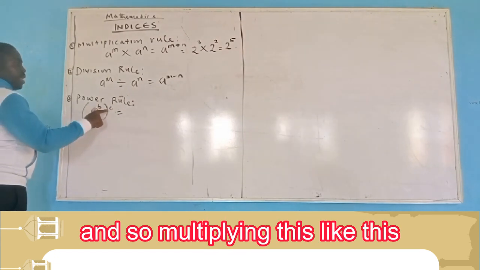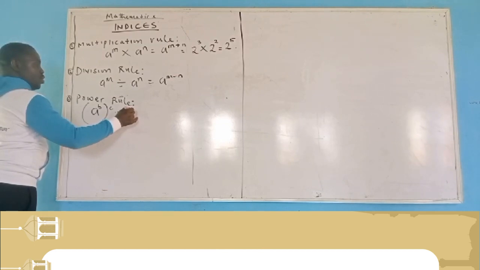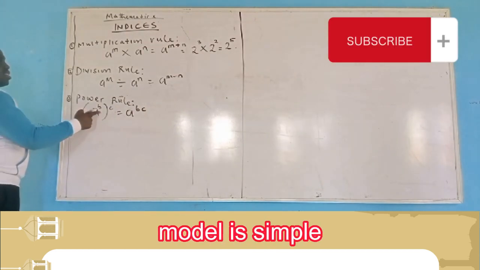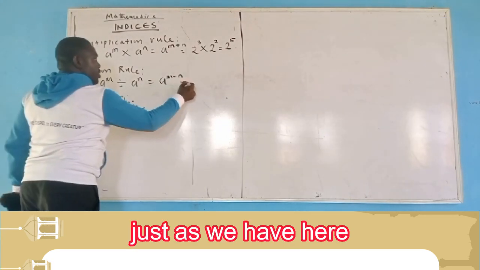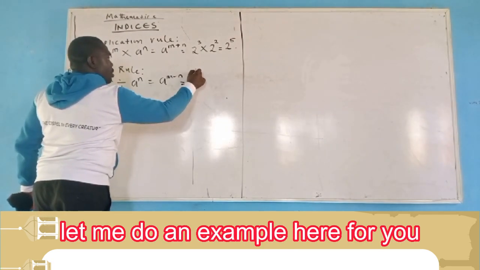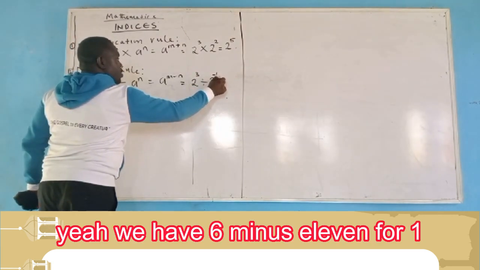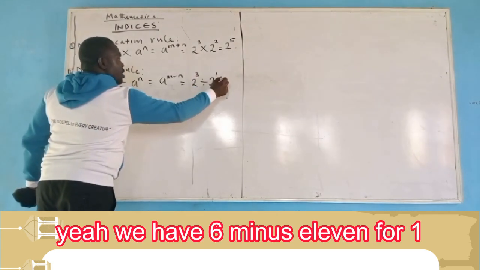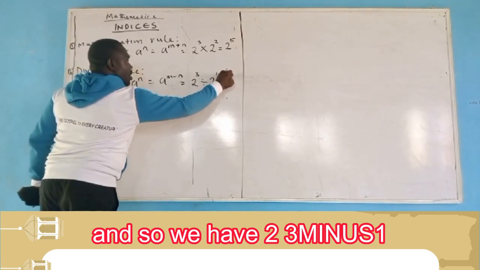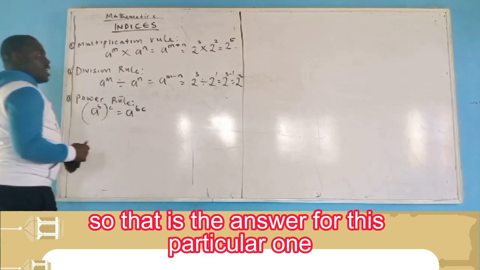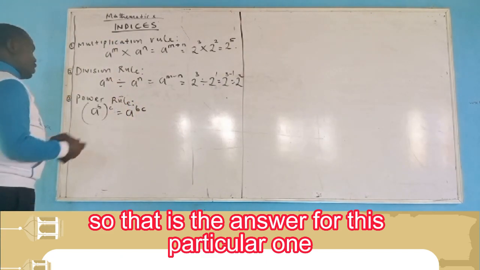So multiplying this by this will give you a multiplied by c. What does this imply? Let me do an example for you. Here we have, say, 2 to the power 3 minus 1, and 2 raised to power 2. That is the answer for this particular one.